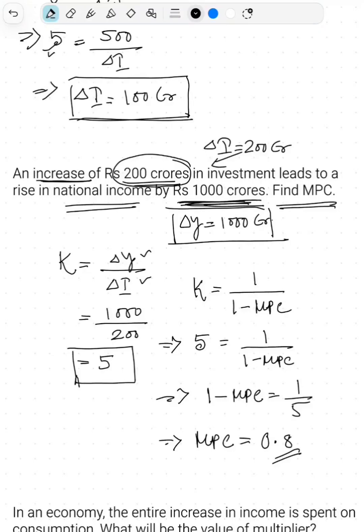Next, the question says find marginal propensity to consume. So we use K is equal to 1 divided by 1 minus MPC, which is 5 divided by 1 minus MPC. Next, we simply cross multiplied. So 1 minus MPC is equal to 1 divided by 5, and your answer is 0.8. I hope you have understood.